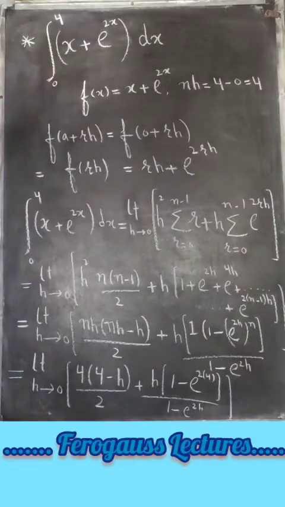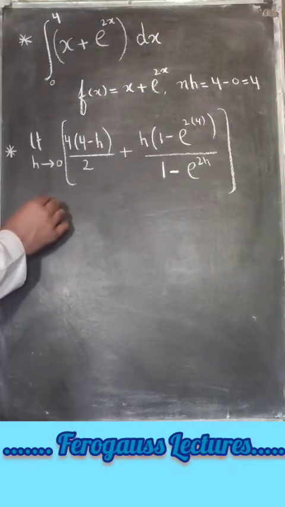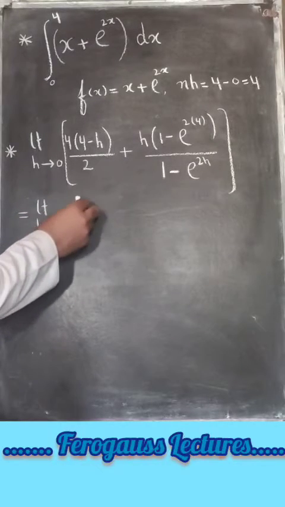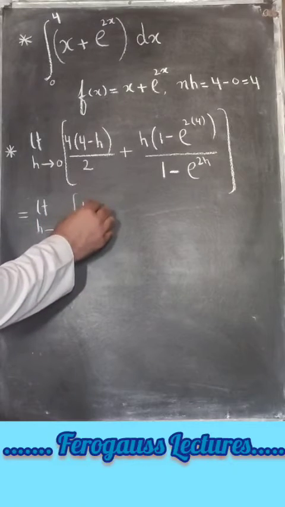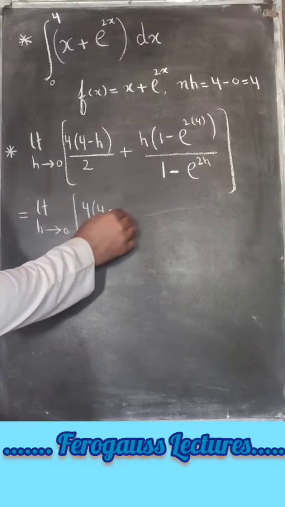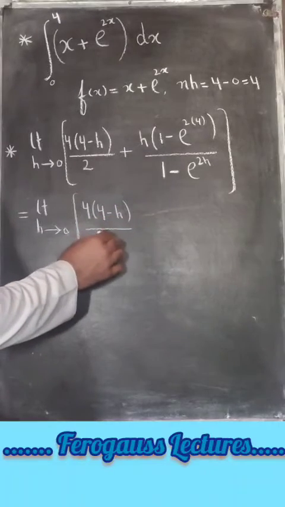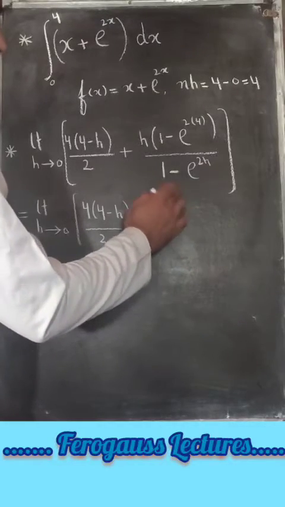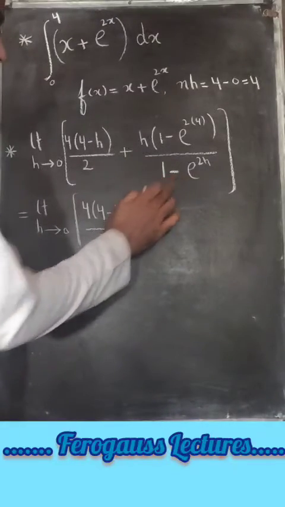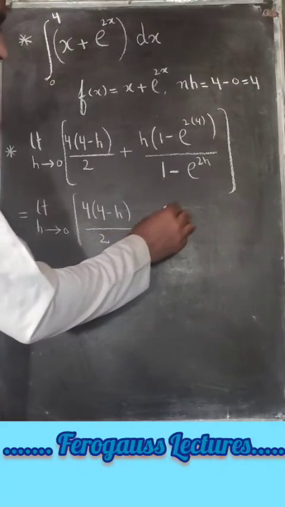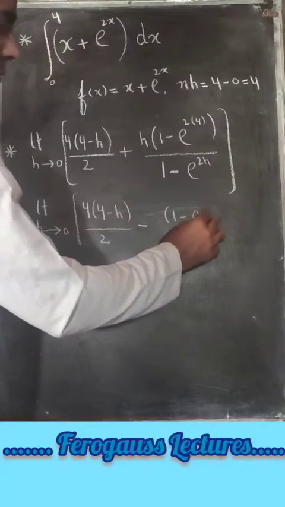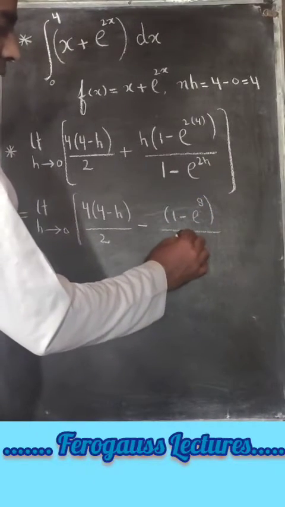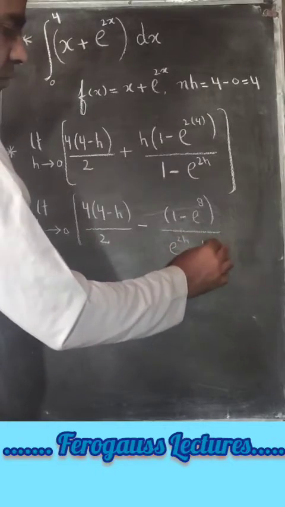This is further equal to limit h tends to 0, 4 minus h divided by 2 plus, now take minus common from this denominator, so we can write minus, 1 minus e raised power 8 divided by e raised power 2h minus 1.